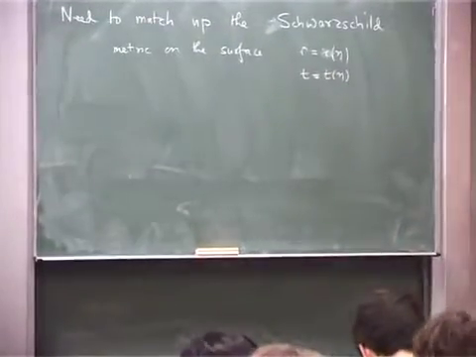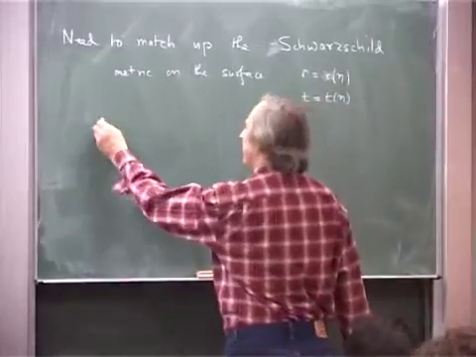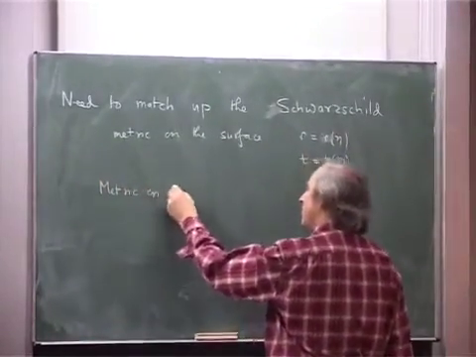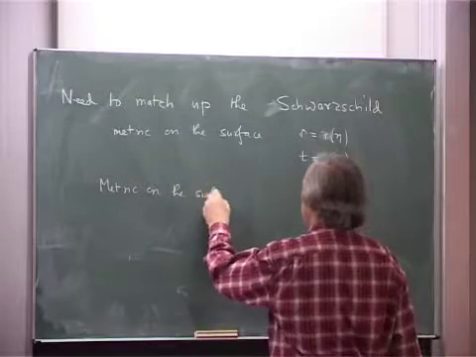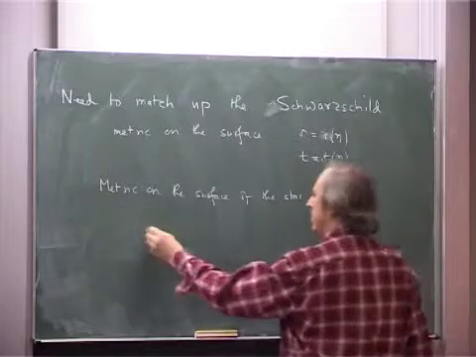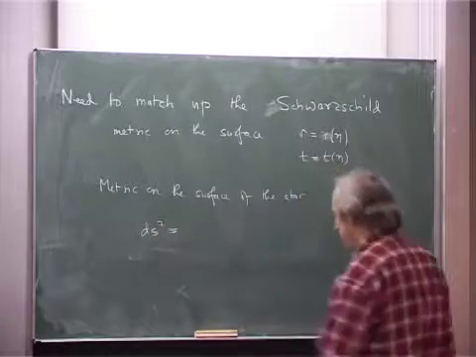So if you do that, you will discover the induced metric on the surface R of the star is going to be ds squared is equal to.